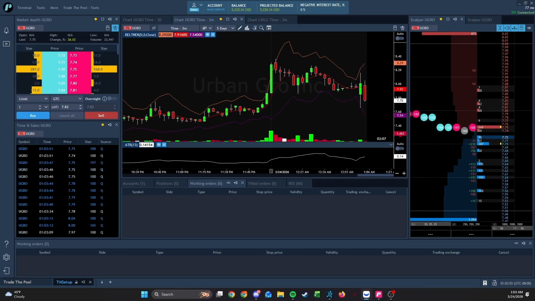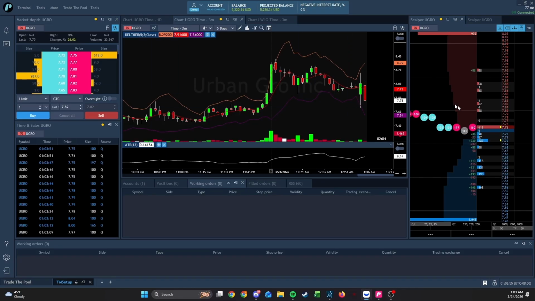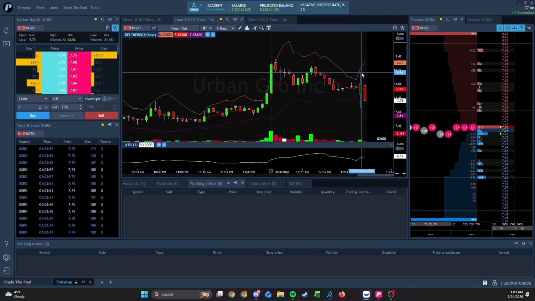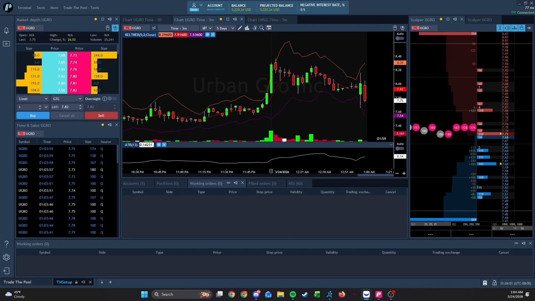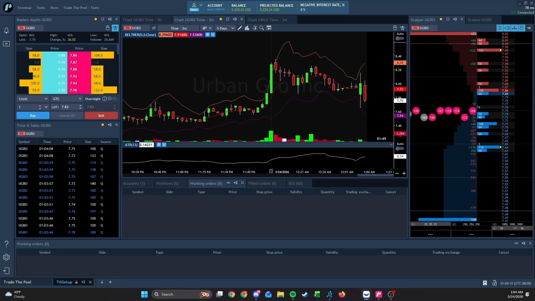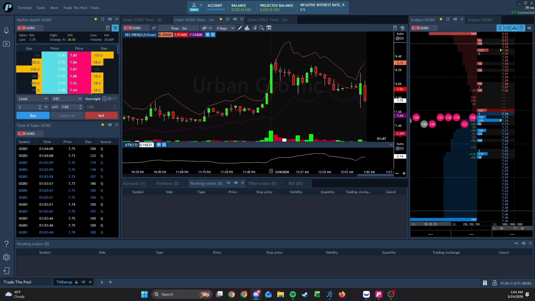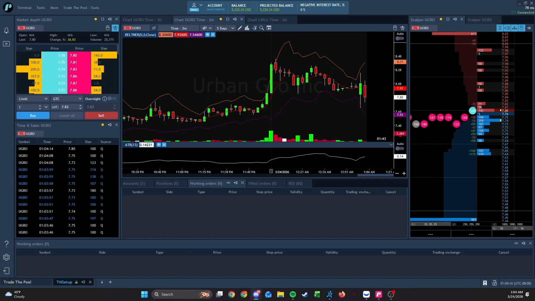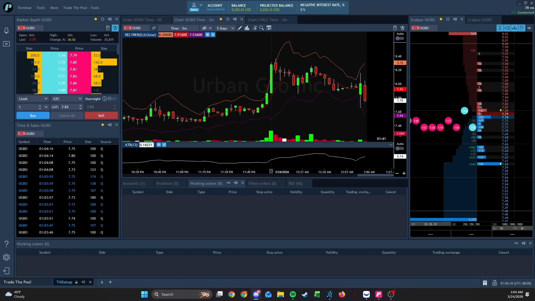If I'm short and you're looking at level 2, if the bid price is equal to the limit price that you're short at, you will get filled. But if the ask is equal to it, or if the last orders are equal to it, you won't. So it's crucial that the bid gets up to that price that you want to fill at in order for you to get filled.